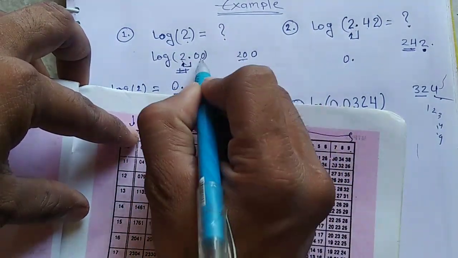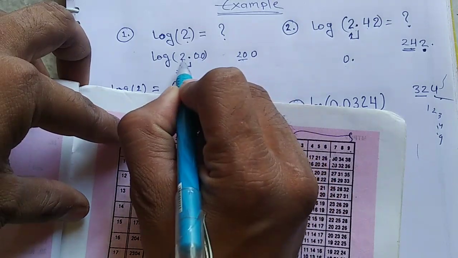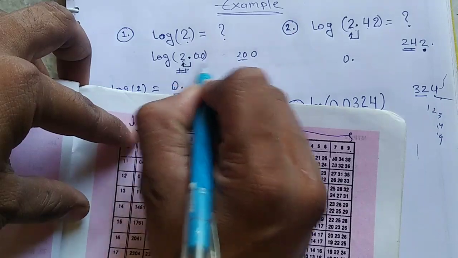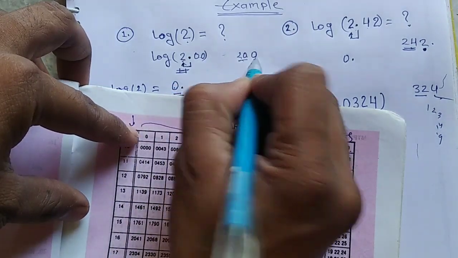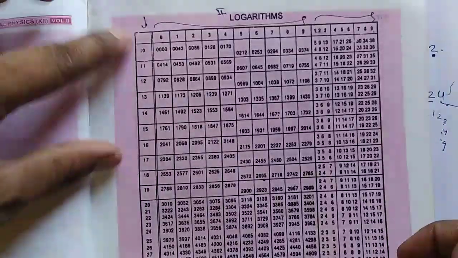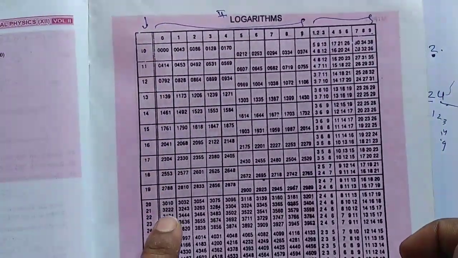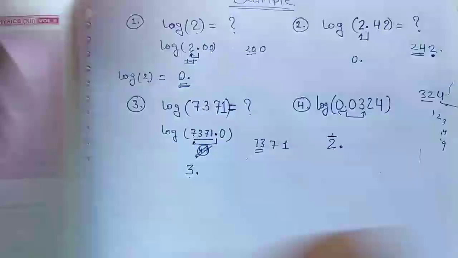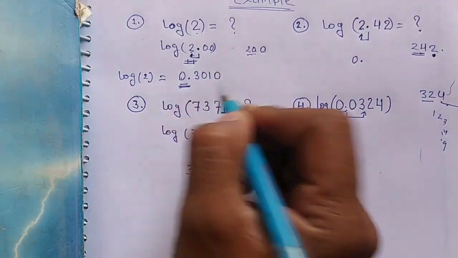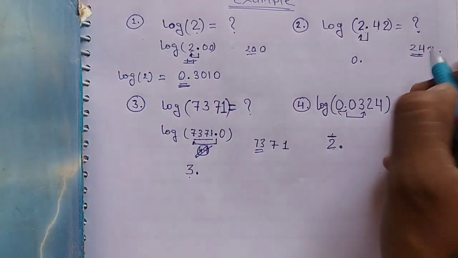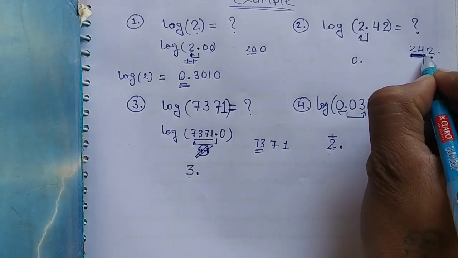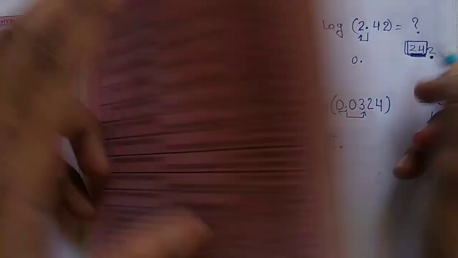You can put any number of zeros, that will not affect the value. So it will be 20 and 0 in the second column. Look, this is 20 and this is the 0 column. In the 0 column you will get 3010. So our logarithm will be 3010.